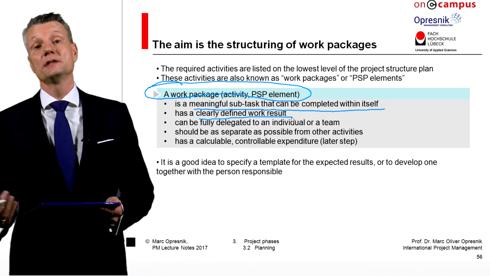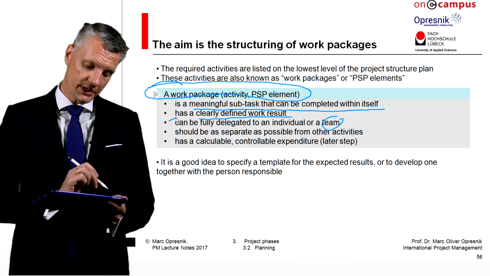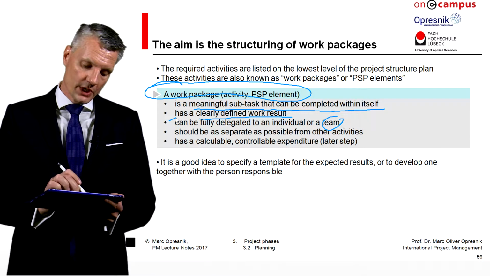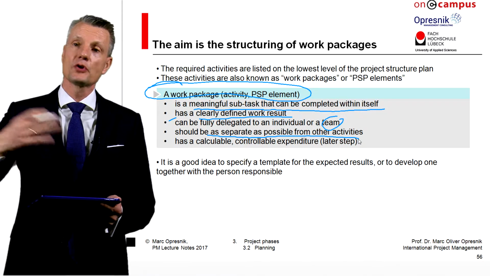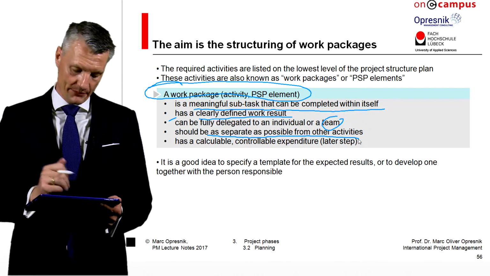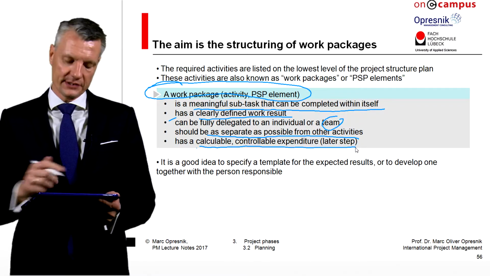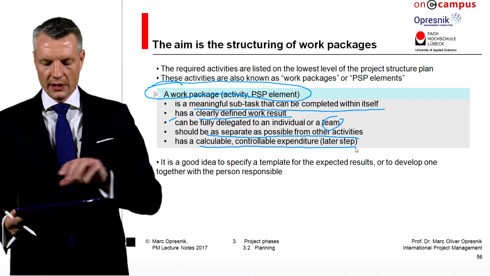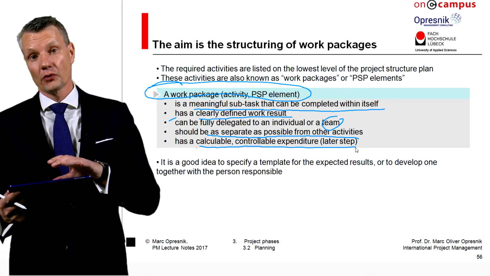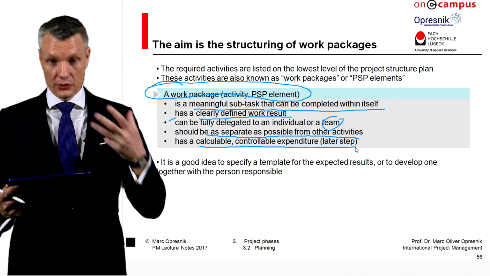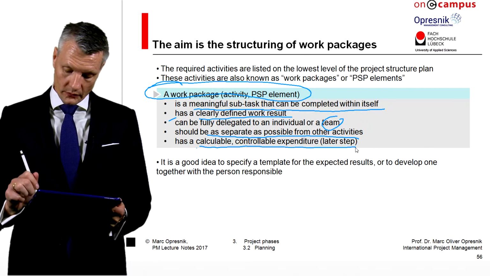It can be delegated to an individual or a team, third characteristic, and it should be as separate as possible from other activities in order to ensure that there is no overlap. And it has, we talked about that, it's very similar, a calculable, controllable expenditure. So, like said before, you need to assign resources for that, so capital being involved.